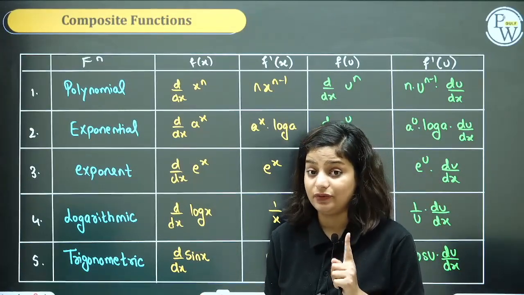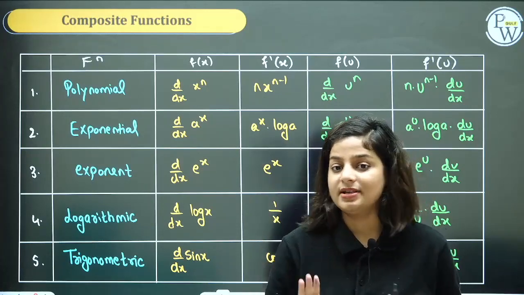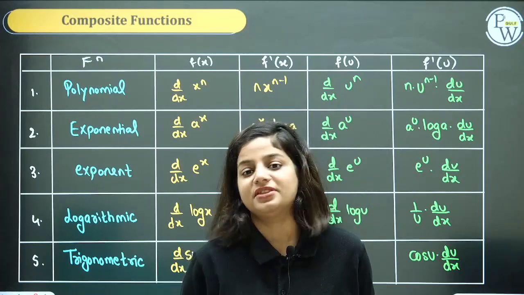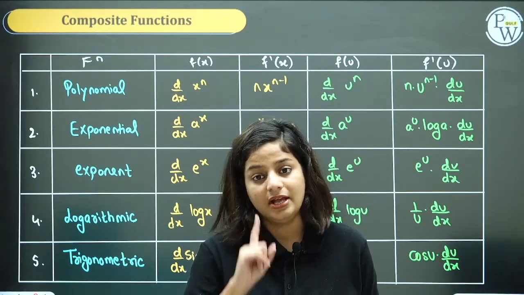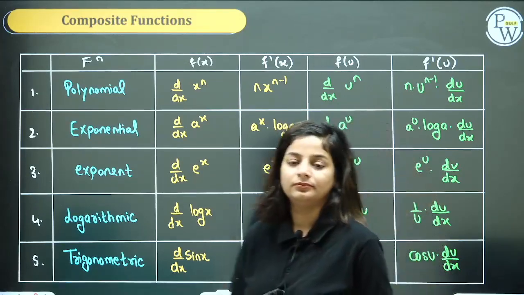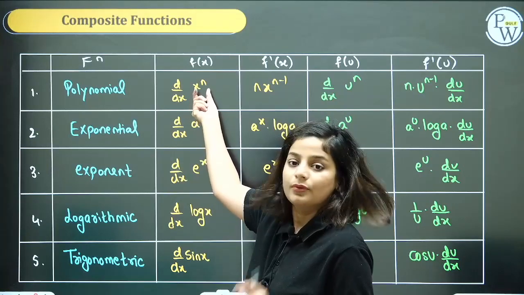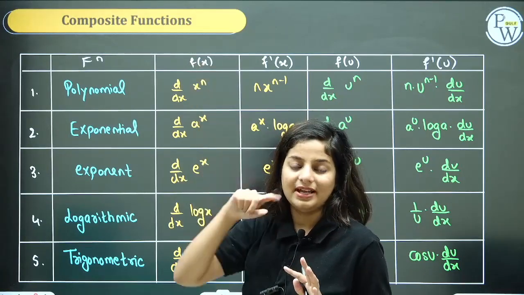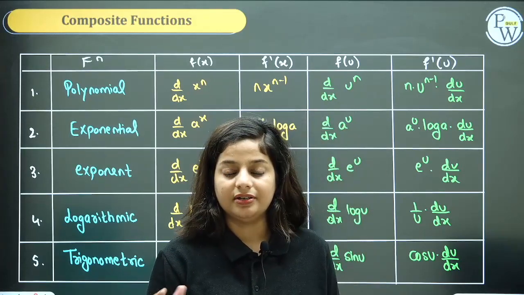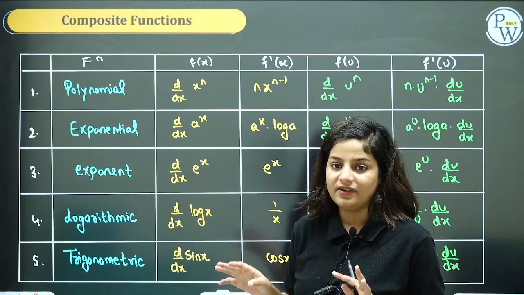Listen carefully. If you understand, you will thank me later and you will say that your chain rule is now forever cleared. You are never making mistakes in the questions of derivative. What is polynomial function? When you have variable raised to constant, like x raised to 3, x raised to 9, x raised to 500. Variable raised to constant, those are polynomial functions.